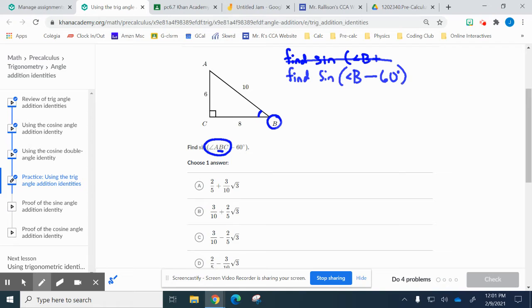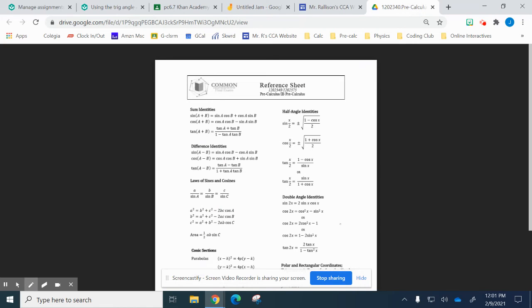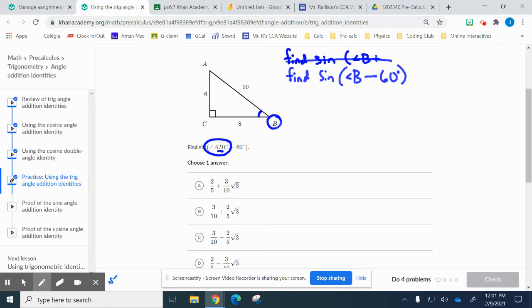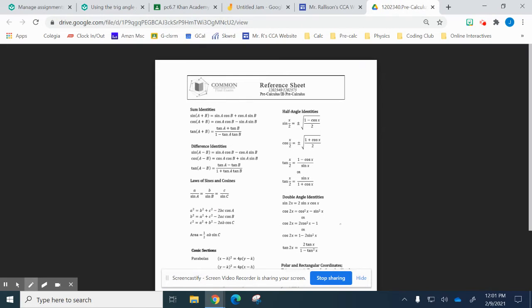So the first thing you're going to do is look for something on the sheet. There's our sheet, and what we're looking for is a sine of an angle minus another angle. So that's going to be right there. We'll use that one, and now we'll go back here and write it down.